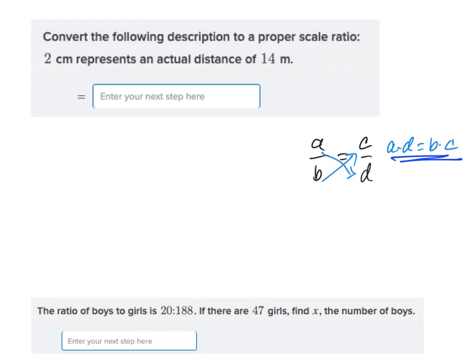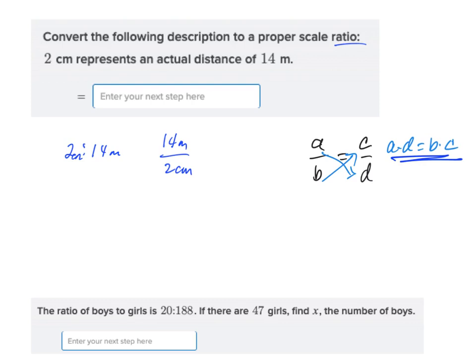So if we're doing a drawing, we're asking that. And we could write the ratio one of 2 ways. We could write it like this: 2 centimeters is 14 meters. Or we could write it as 14 meters per 2 centimeters.